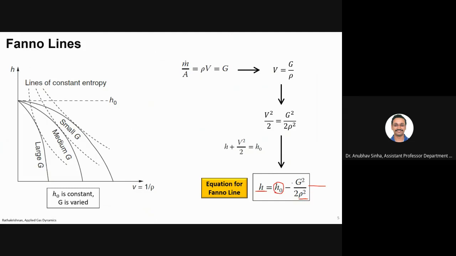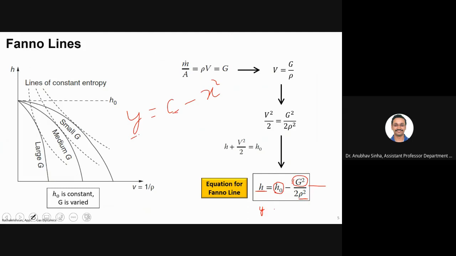If you plot this equation, I will write it in simple terms: let us say y is equal to c, where c is a constant, minus x square. Is this okay? y is equal to c minus x square.